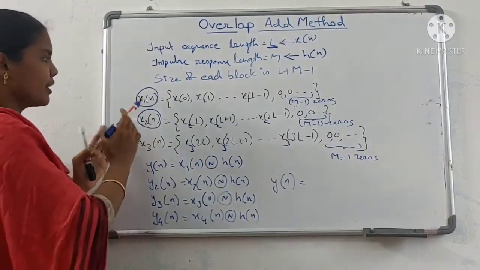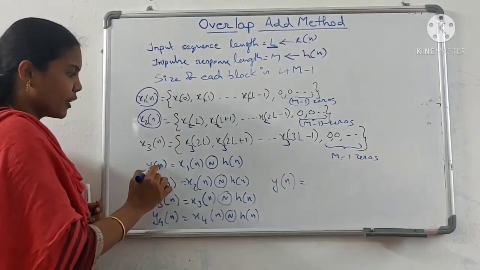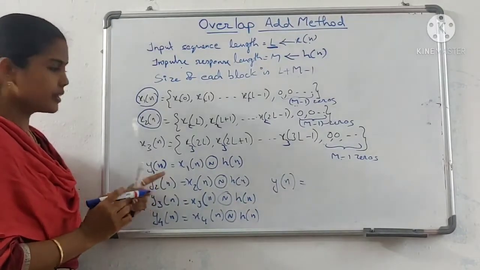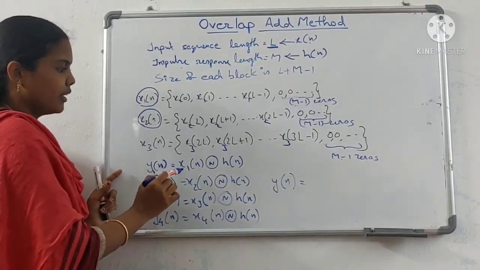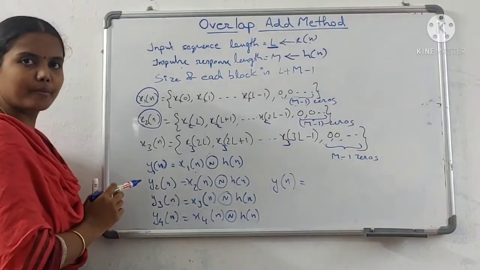After dividing the entire sequence into different blocks, now find y1 of n. y1 of n is x1 of n circular convolution with h of n.